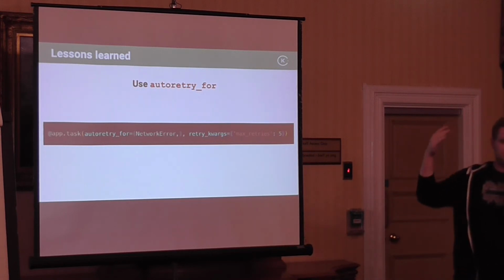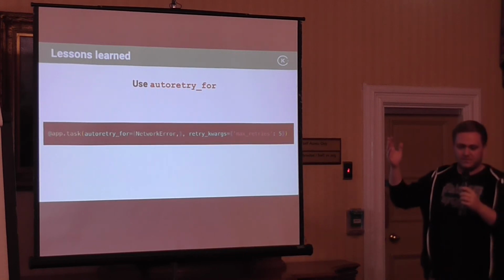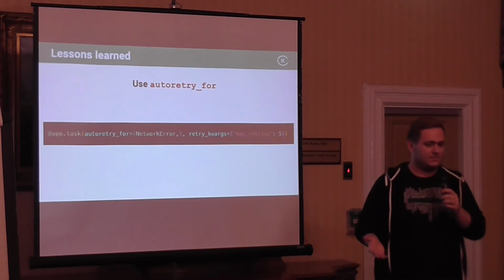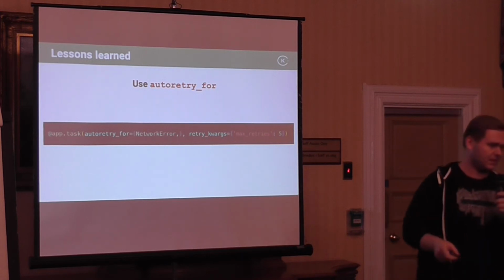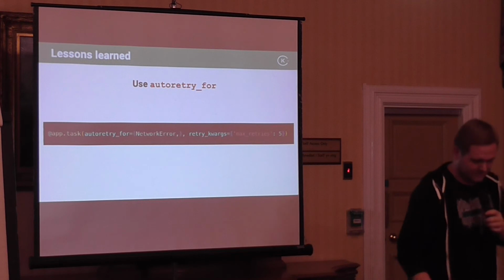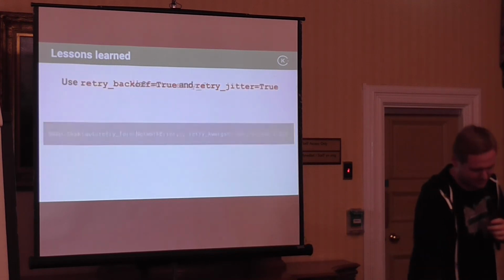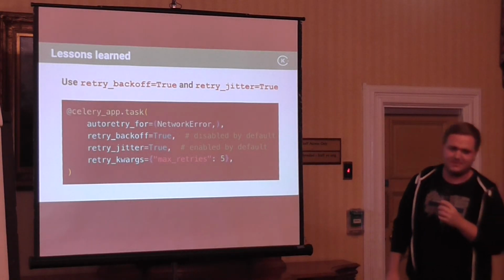So you can just retry for that, or for unauthorized, or for some 500s. That's it. And again, retry kwargs, otherwise it can DDoS the other service again. So we will just pile it up.